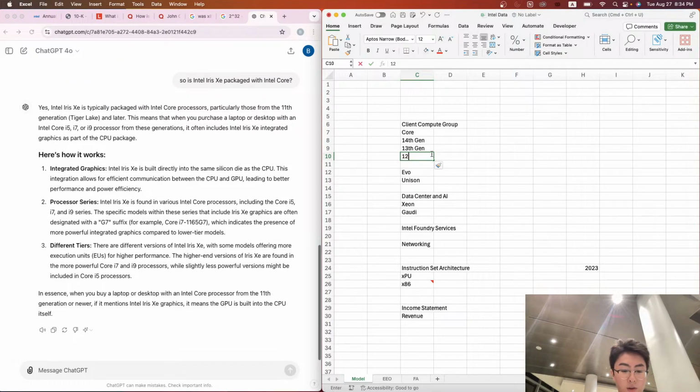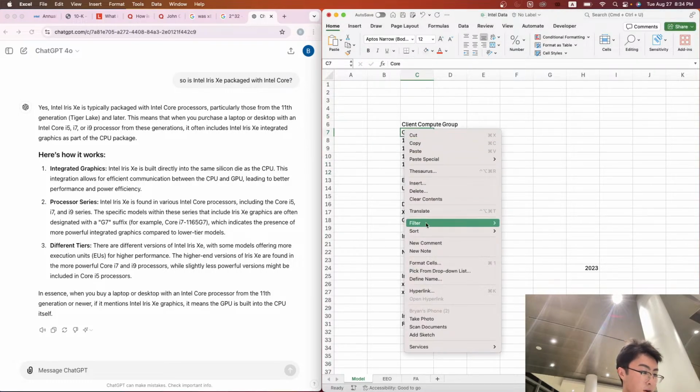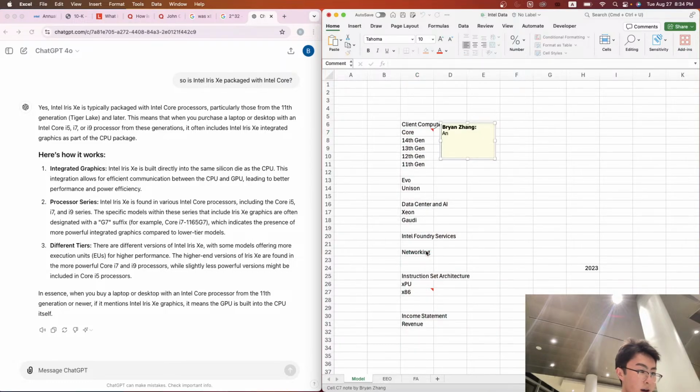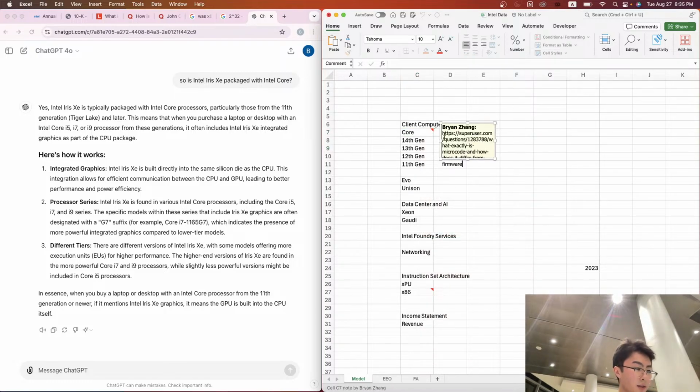Okay, so there's 12th gen, 11th gen. Well, I don't know here. Any Intel Core processors? Actually, let's see. I should probably double check.